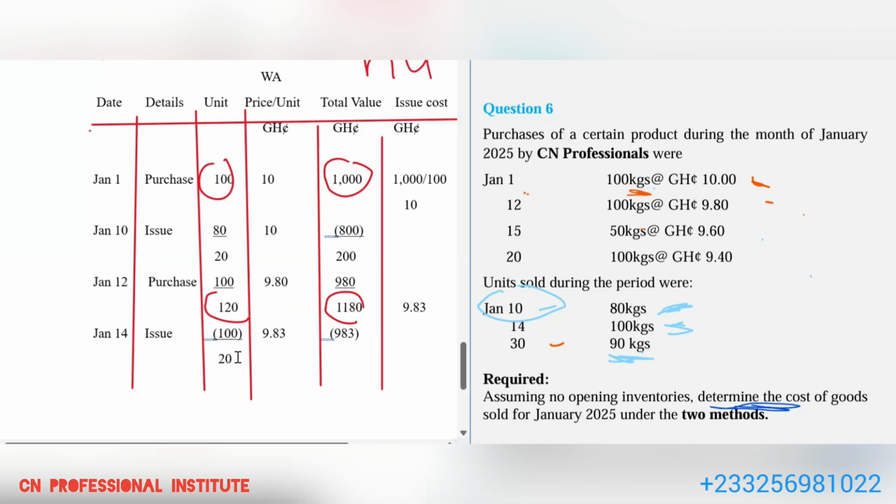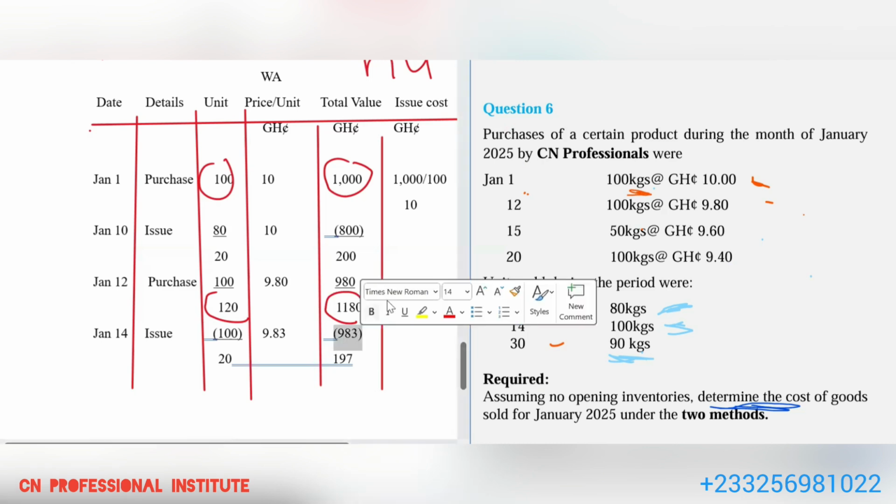And it's at 9.8. And then that will give us 197, right? Which is the same as subtracting this, the same as this 1180 minus 983. 1180 minus 983, right? Will give us this 197. Okay.